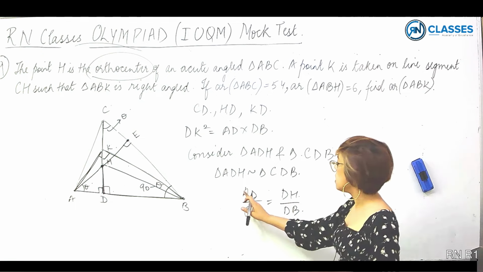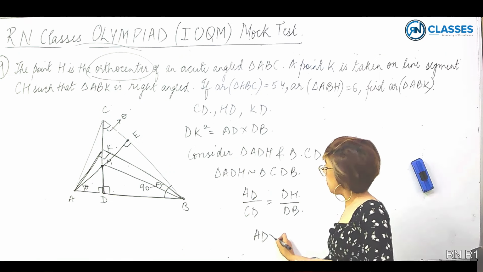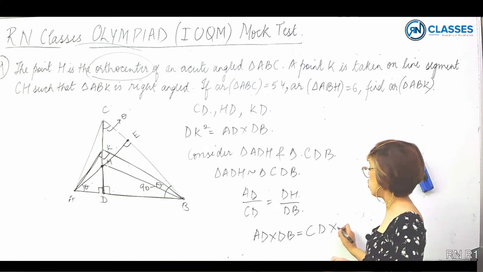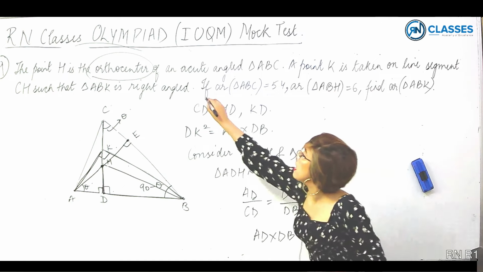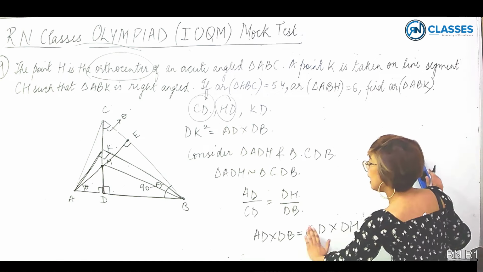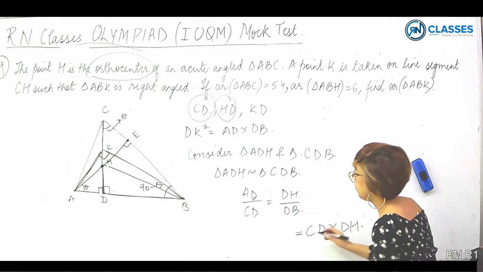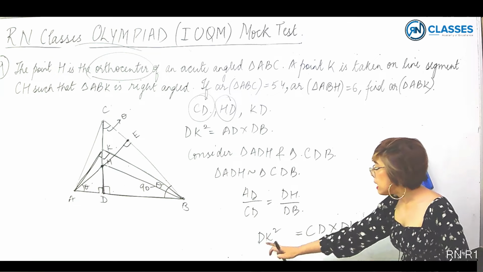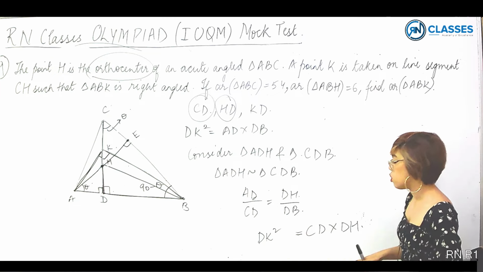Right? Okay, so this is AD into DB is equal to CD into DH. I have used DH over here, and this is nothing but DB square actually.